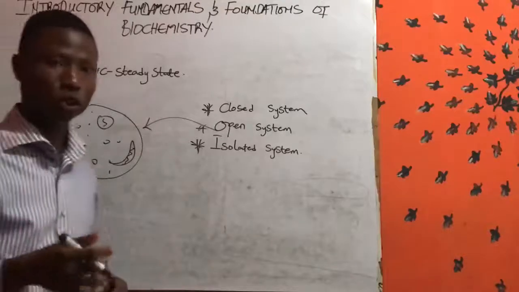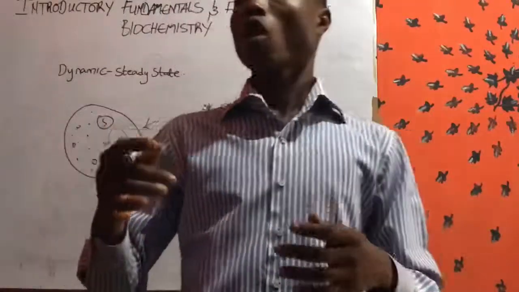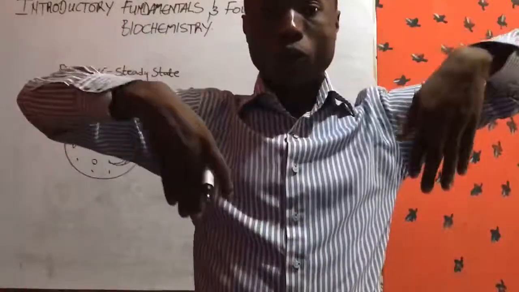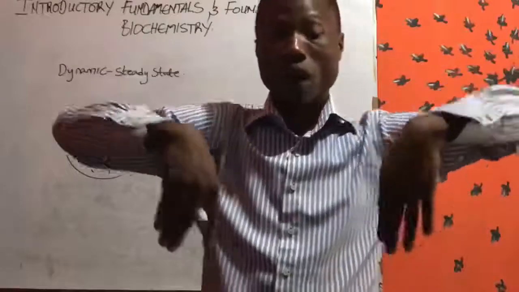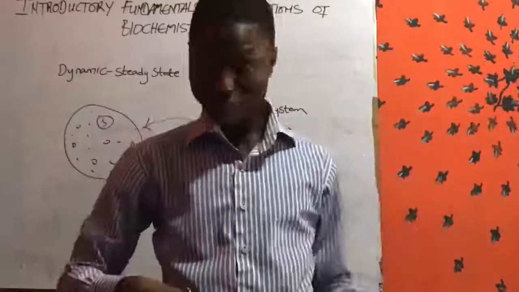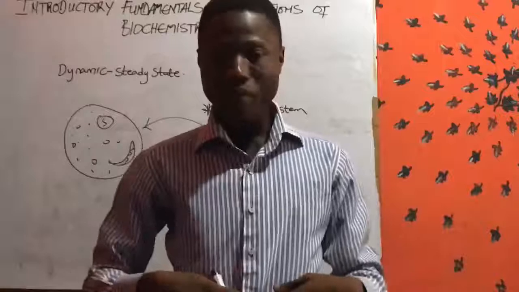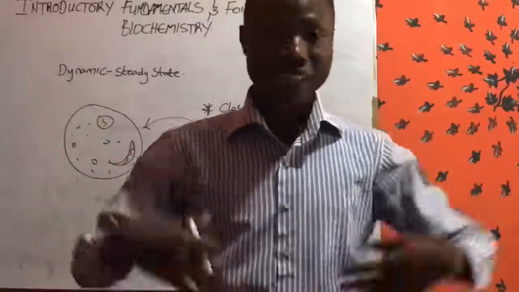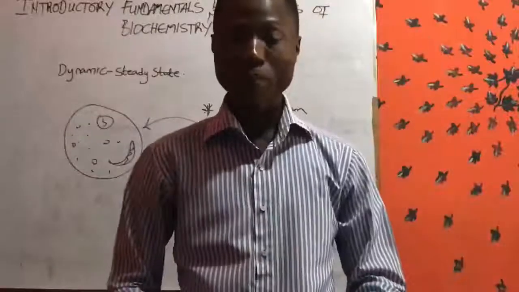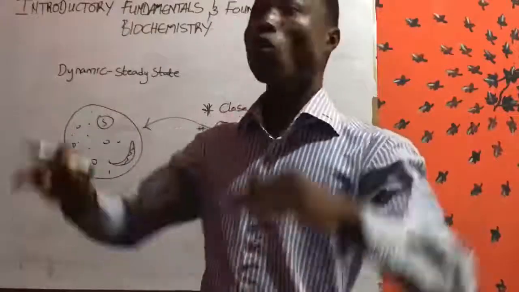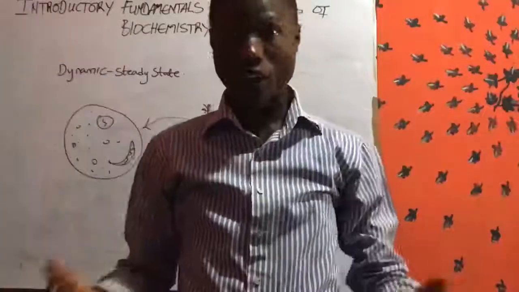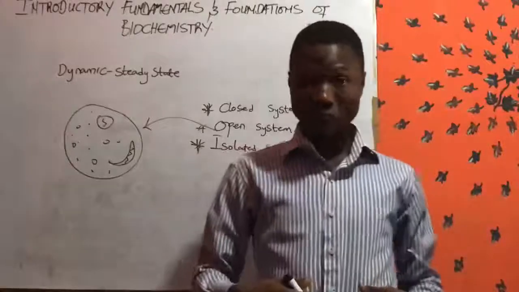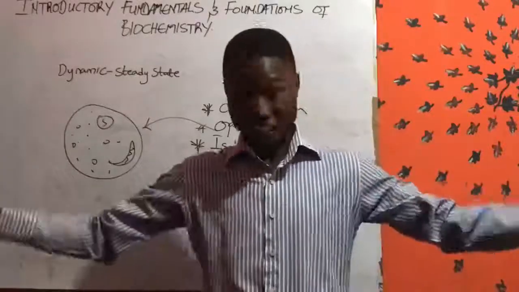For instance, would you assume that the composition around me is what comprises the composition within me? That's never possible, because within me I have blood, my intestine, everything thoroughly regulated by homeostasis. Now there's no homeostasis to regulate the atmosphere, right? So my internal environment can never be in equilibrium with my external environment.